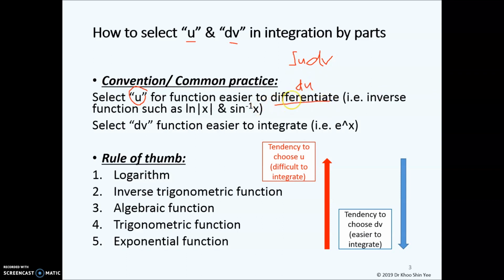On the other hand, for dv, you have to choose the function that is easier to integrate, where when you integrate it, you get v. Let's say we have ln x here. If you differentiate ln x, it will be much easier. For example, let u equal ln x, and your du over dx will be just equal to 1 over x.